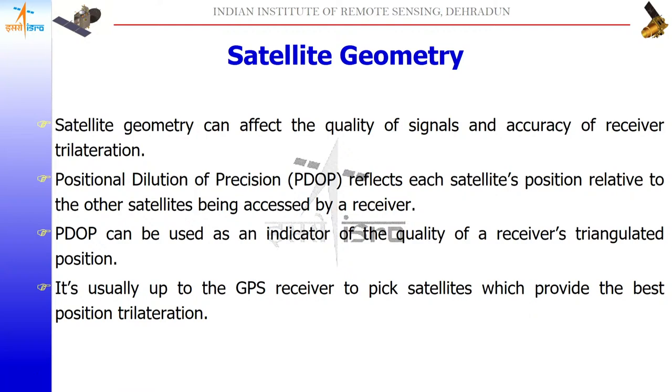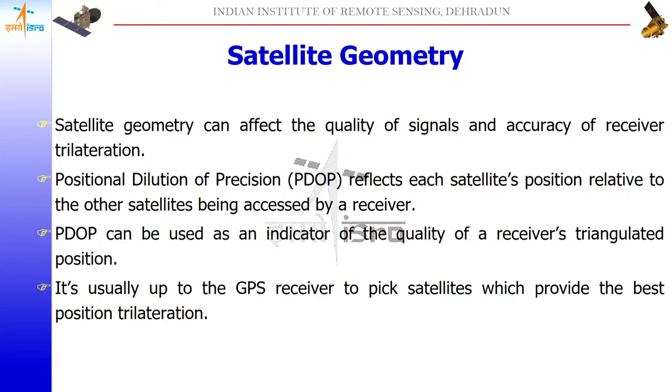When there was no other navigation satellite constellation, only GPS was there, so it was a big problem to get a very good PDOP. But now we have GNSS. There are so many GNSS satellites orbiting around the user's position, the user antenna.